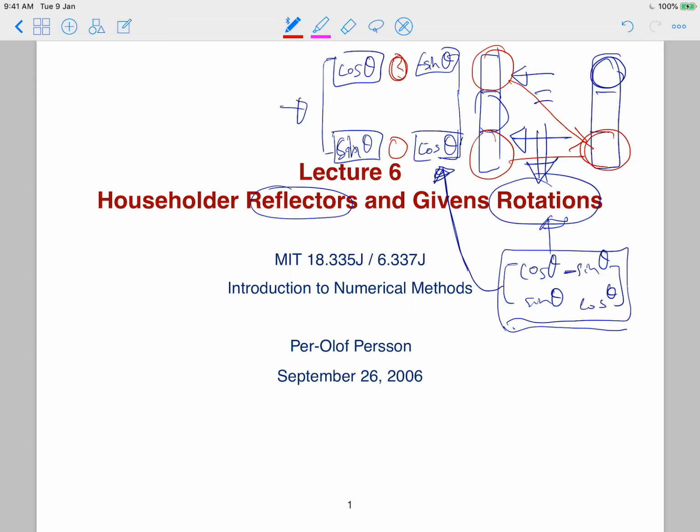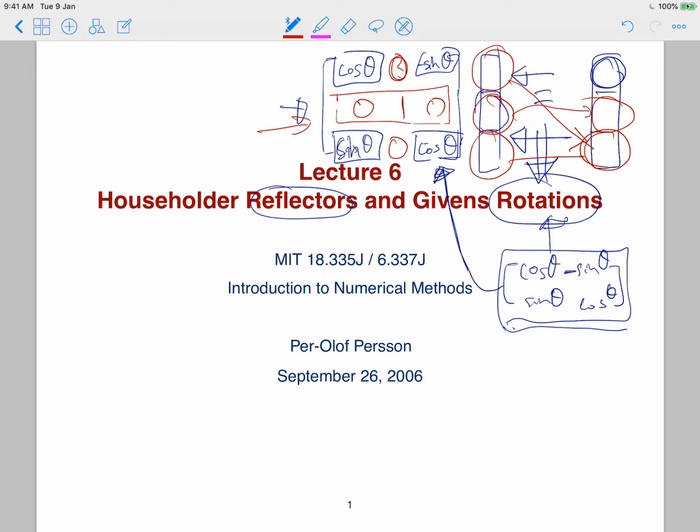Then it will also be 0. And what about this row? This row, we just put 0, 1, 0, so that we leave this one unchanged. So this is the two-dimensional rotation embedded in a much higher-dimensional space.